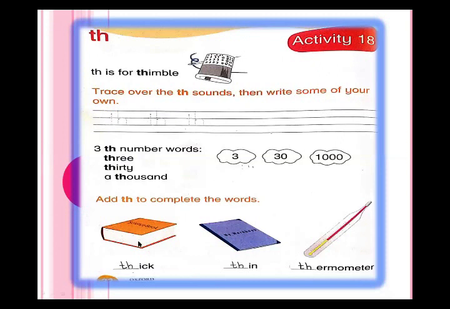Now in your next activity you have to add tha sound. Tha for thick, tha for thin, tha for thermometer. You have to put tha sound here. Okay, the book is thick. This book is thin. This is thermometer. It is an instrument which we use for measuring temperature.